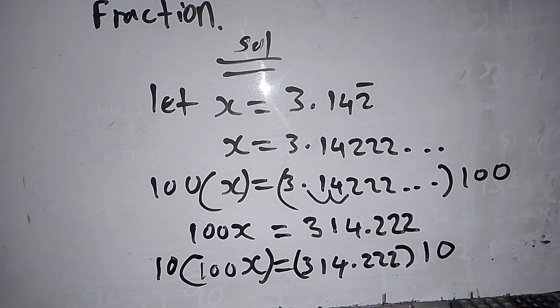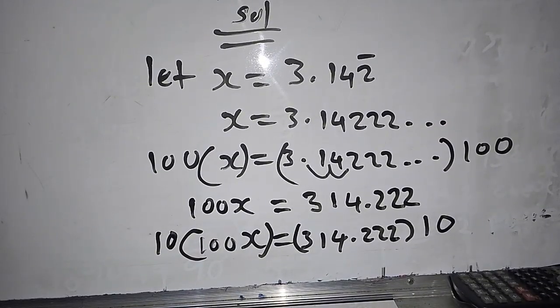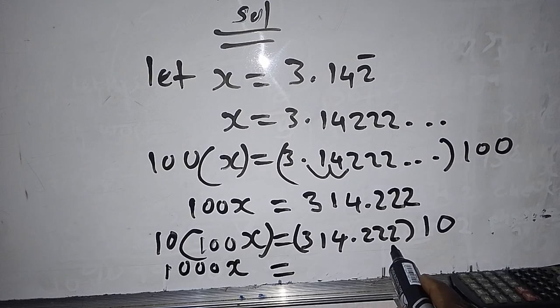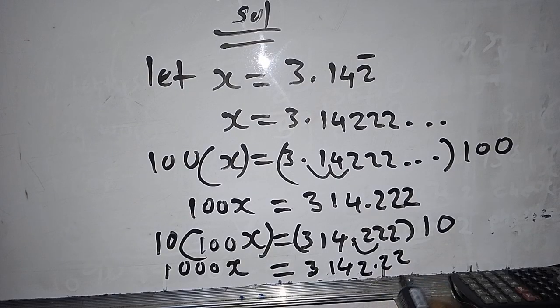So when we multiply 10 by 100x, we get 1000x. Then this side, 314.22, we multiply with a 10. It means this decimal point will just move one place.